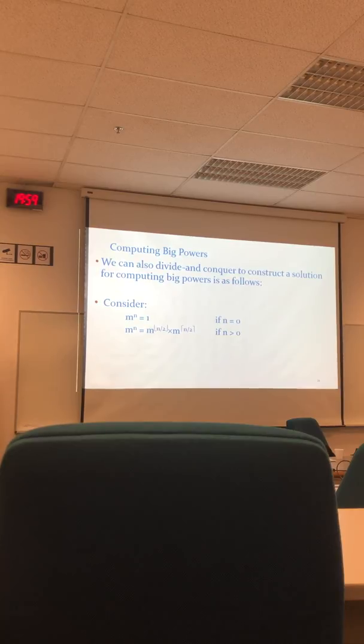So floor of 100 divided by 2, how much? 50, right? Ceiling is also 50. So in this case, it's 3 to the power 50 times 3 to the power 50.